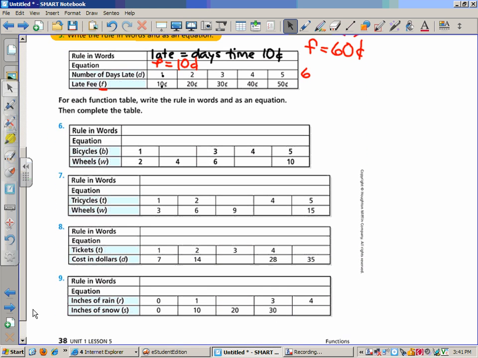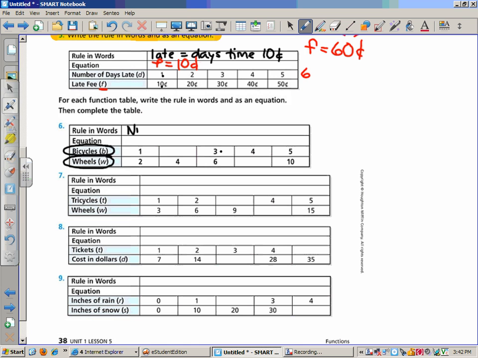Still going to write the rule in words and as an equation and then complete the table. So the next one is we have bicycles, B, and wheels. Okay, so it gives us 1 bicycle, we have 2 wheels. 3 bicycles, we have 6 wheels. 5 bicycles, we have 10 wheels. All right. So the number of wheels equals the bicycles times 2.